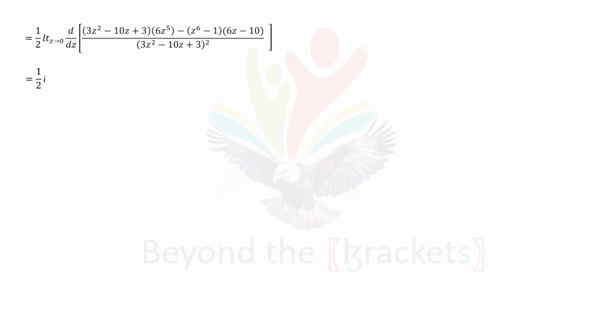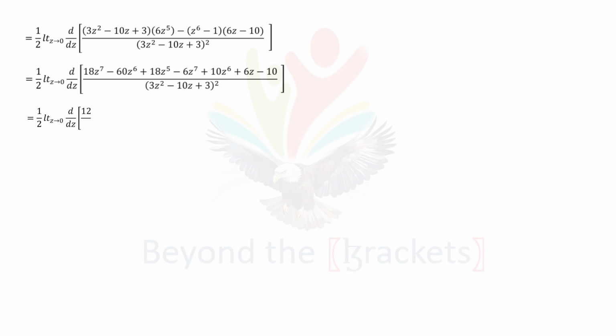This can be simplified as 18z power 7 minus 60z power 6 plus 18z power 5 minus 6z power 7 plus 10z power 6 plus 6z minus 10 divided by the denominator, which can be again simplified as 12z power 7 minus 50z power 6 plus 18z power 5 plus 6z minus 10.